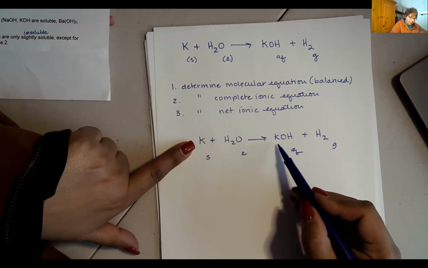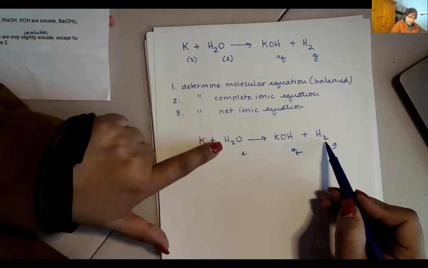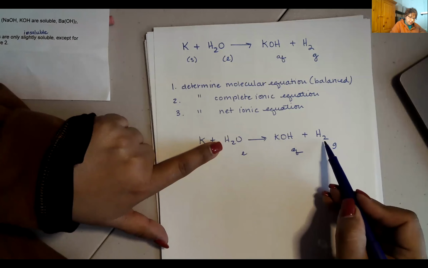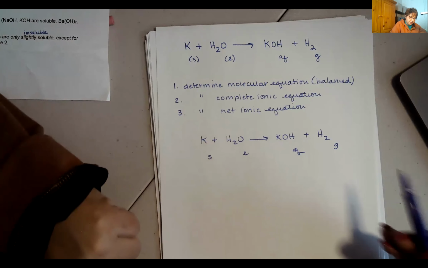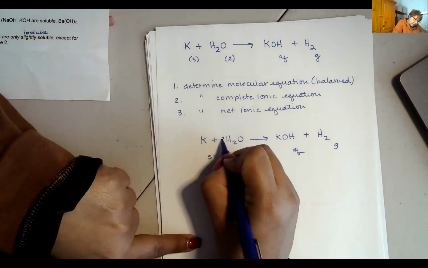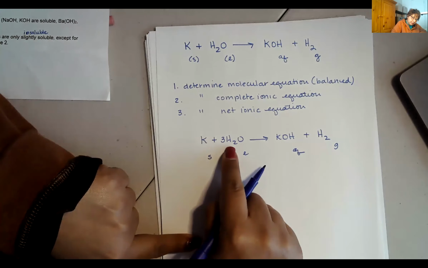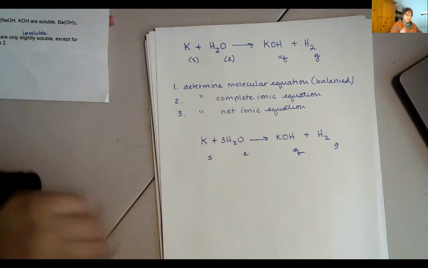So I've got 1 potassium on each side, 2 hydrogens and 3 hydrogens, 1 oxygen. So I'm going to put a 3 here. That'll give me 6 of those. Oh, this is going to be fun.